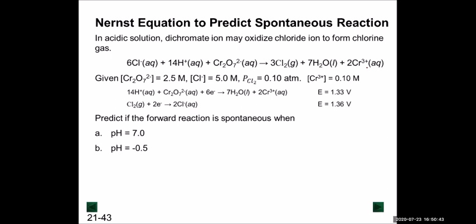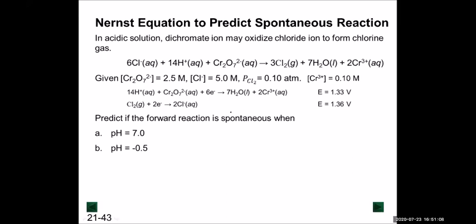Okay, so this is a little practice. This example is one of the harder, more difficult ones. And in our quiz, we have similar questions. So this is a reaction. We want to calculate the actual cell potential.